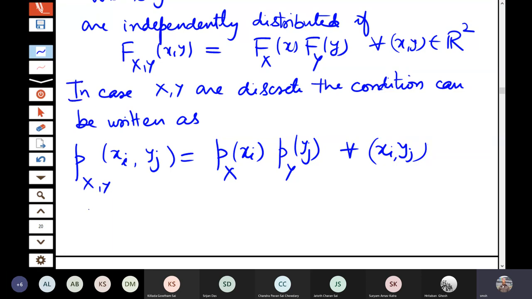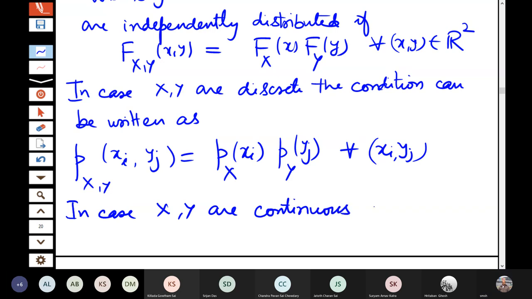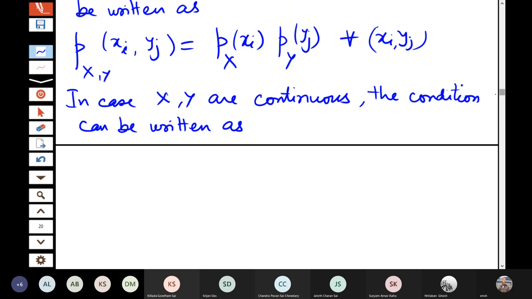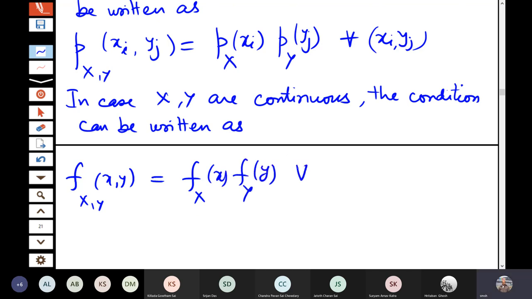Similarly, in case both are continuous, the condition can be that the joint probability density function is equal to the product of the marginal probability density functions.